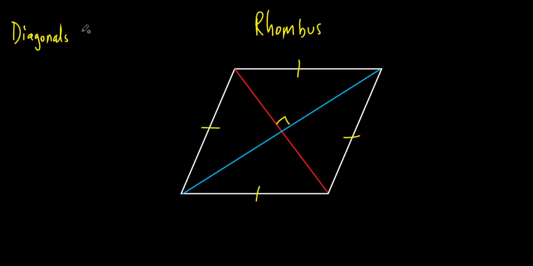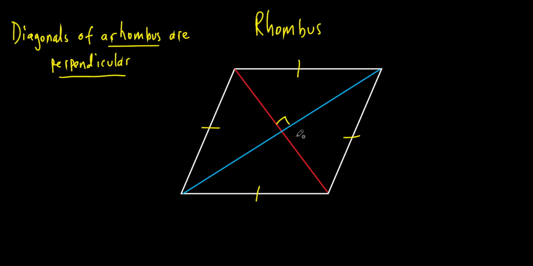This is the first thing. The diagonals of a rhombus are perpendicular. What does that mean, perpendicular? It means they make a right angle. So the diagonals of a rhombus form a right angle.